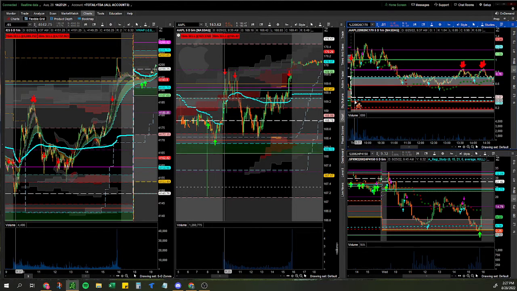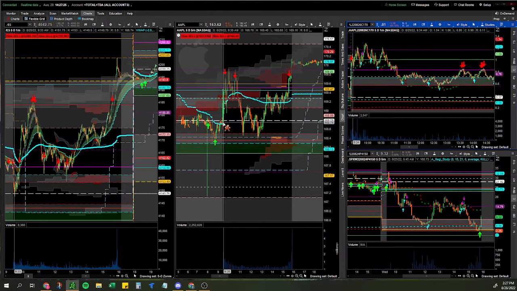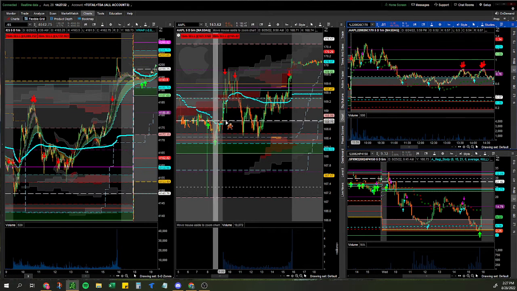We open just a hair above beast, take right off, just like Apple did, opened, wicked just a hair to tag where VWAP was, and then took off past open.